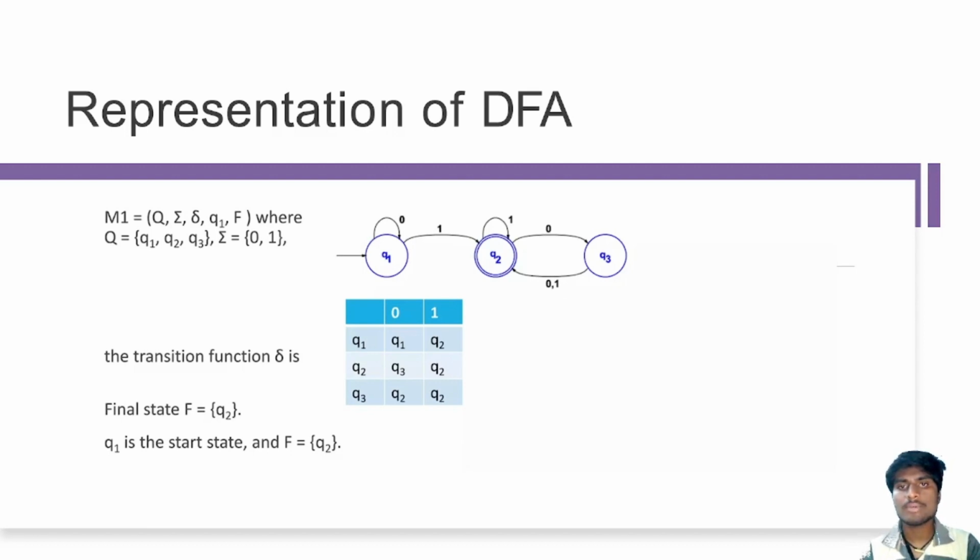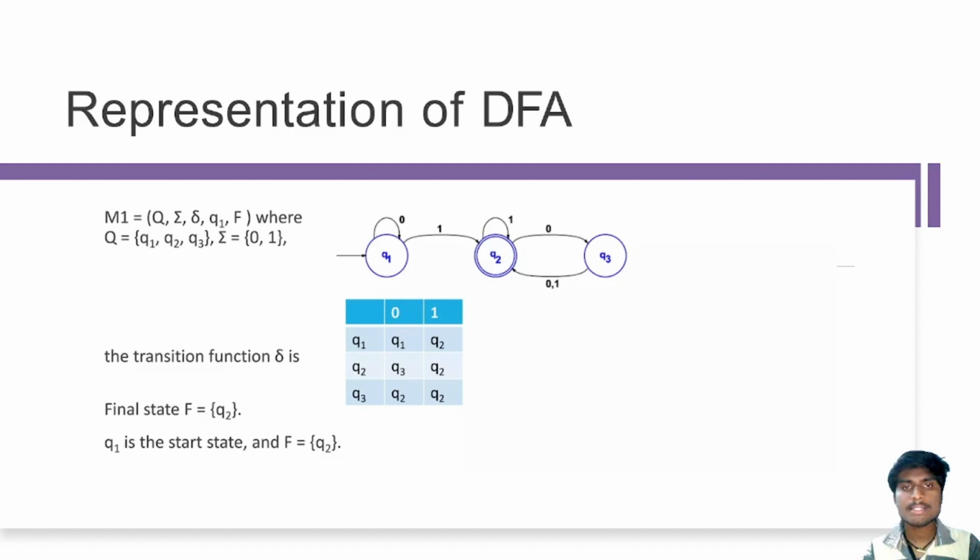We need to transfer it to other nodes, whichever possible inputs are there. If you write any language for this DFA, we need to satisfy all the conditions, so we need to follow the steps. Here it is represented as Q3 to Q2 on 0, 1: 0 is transferred from Q3 to Q2, and 1 is also transferred from Q3 to Q2.